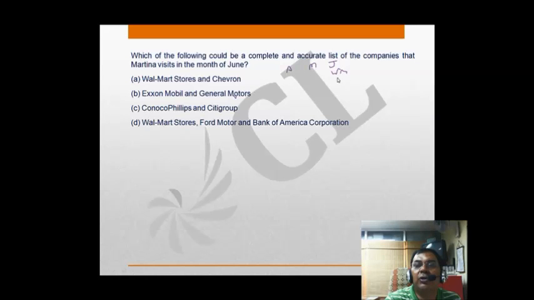Walmart store, Chevron and Exxon, I put it. Here I put Conoco Phillips, and then Ford Motors, Bank of America, and then 3, 2, 3 is not allowed.